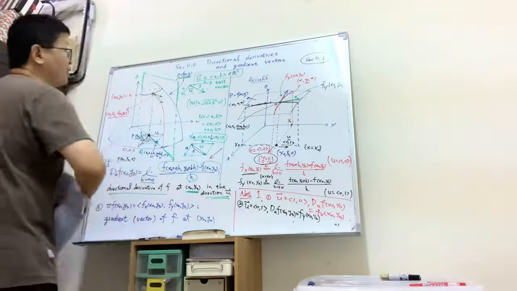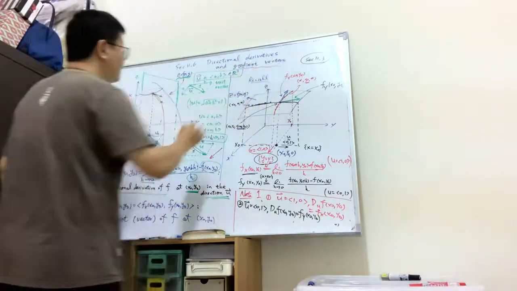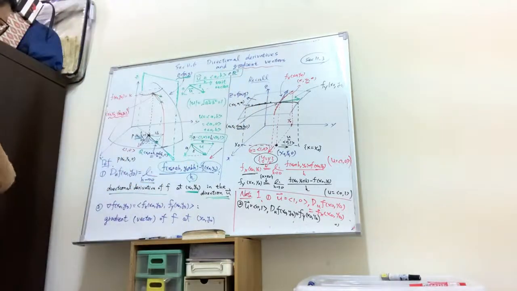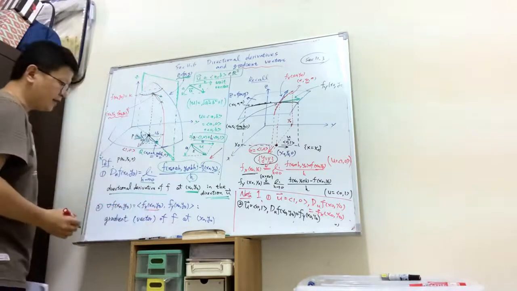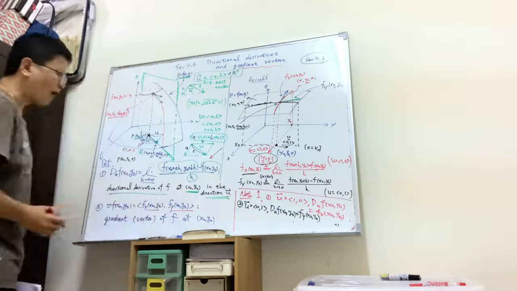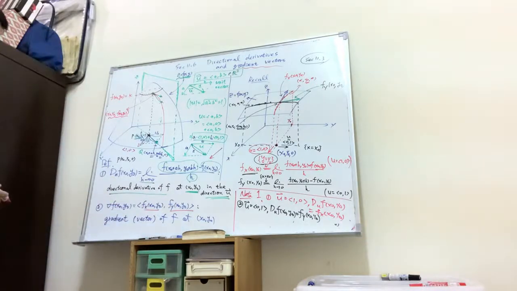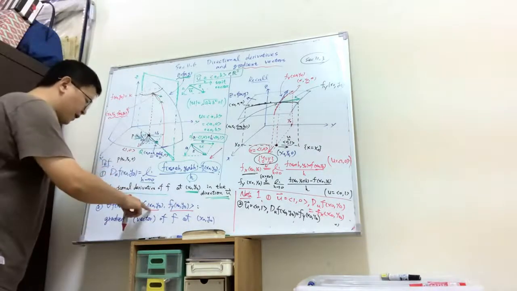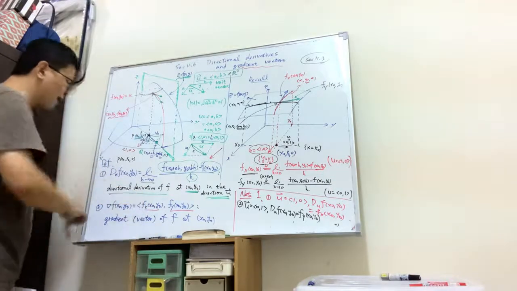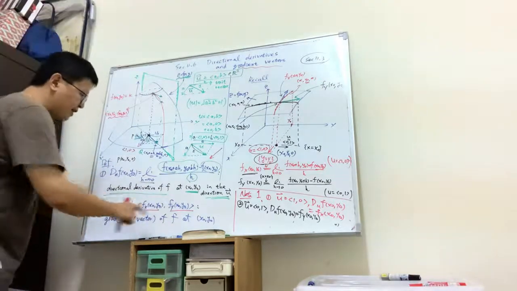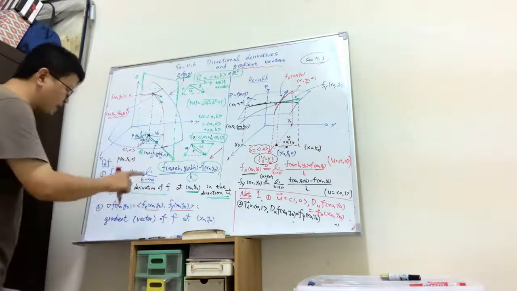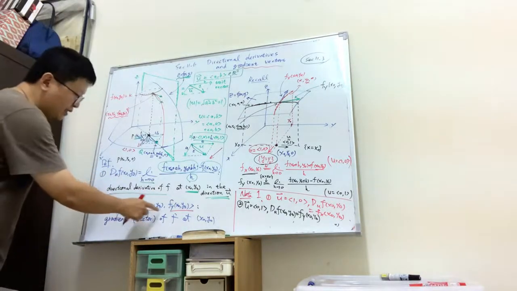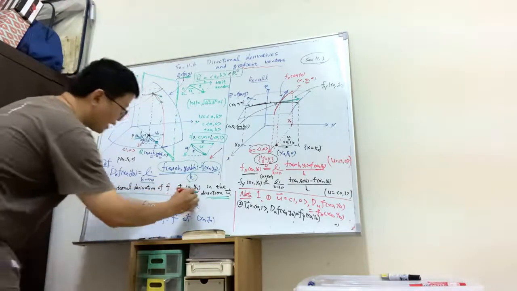I mean, the gradient vector. The gradient vector is defined this way. We consider the partial derivative in x and the partial derivative in y, and plug in the point x0, y0. For this vector, f sub x of x0, y0 and f sub y of x0, y0 are values, so it becomes a vector in R2.